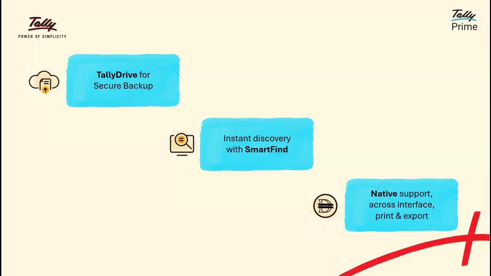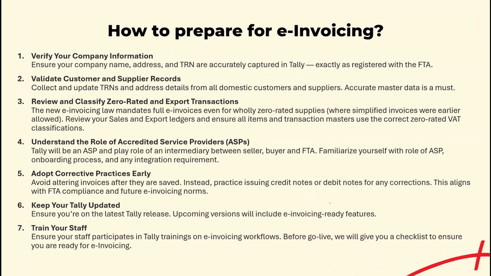Then you have Smart Find where you can search anything, whichever you remember, your narration, any description or any item name, any customer name, just fill in the information. It will show you the information related to that. And definitely we have the dark mode as well in the system. Now, as I mentioned, all the information we have already given here.